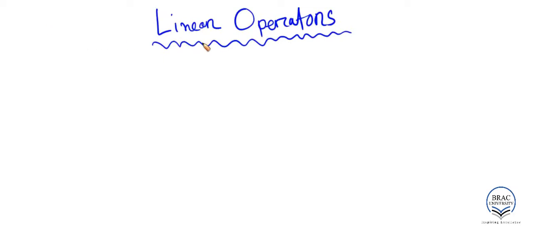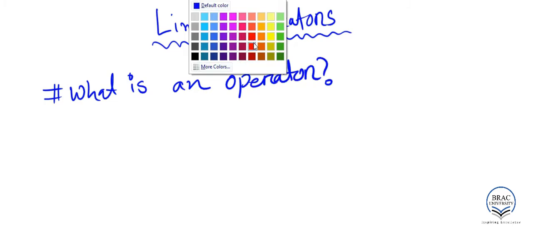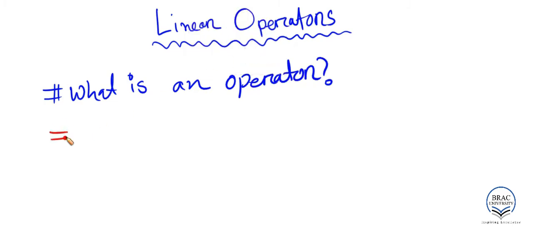Today we will be talking about one of the most important topics for our linear algebra course, and that is linear operators. So the first thing we ask is, what is an operator? The answer is, as you can guess, that an operator is something that will operate on something, right?